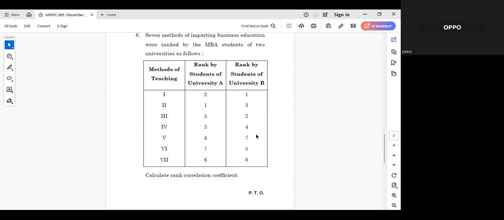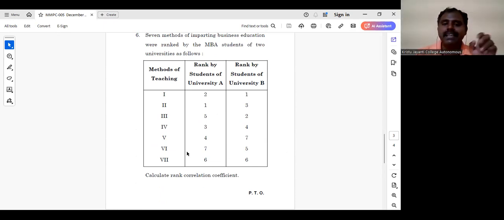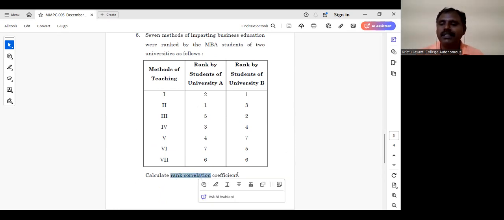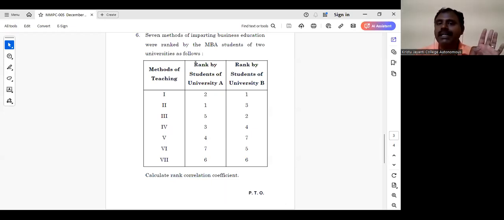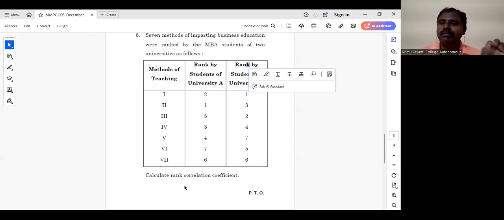Sir, I have one doubt. In rank correlation coefficient, how will we know that we should use Spearman's rank correlation formula only? Ma'am, it is very clear in the question itself: they're asking you to calculate the rank correlation coefficient, and rank correlation means it is Spearman's only. Also, in the question they have given rank by students of University A and rank by students of University B. So if they give a rank, you can remember it is rank correlation coefficient.